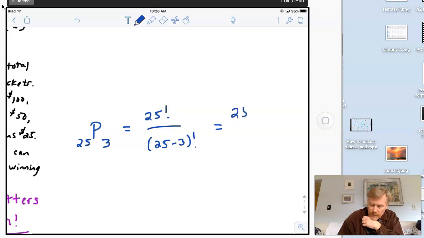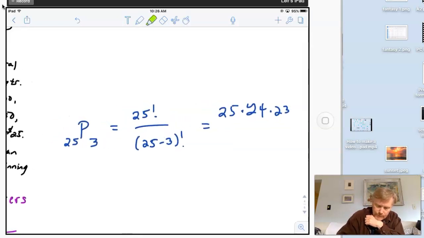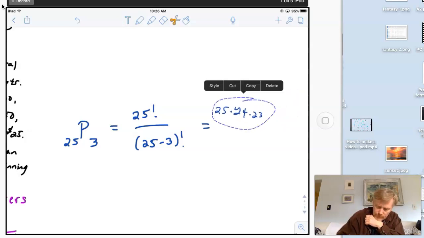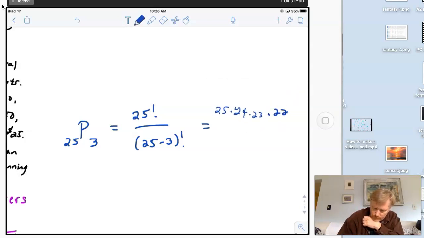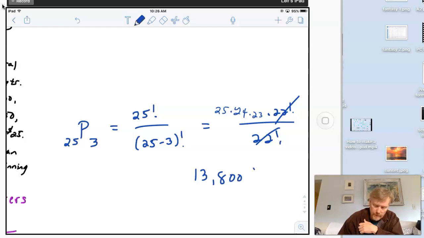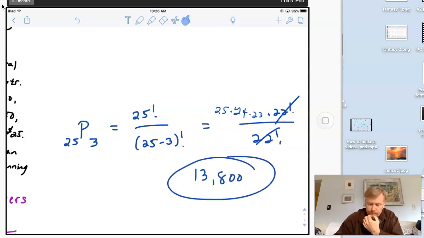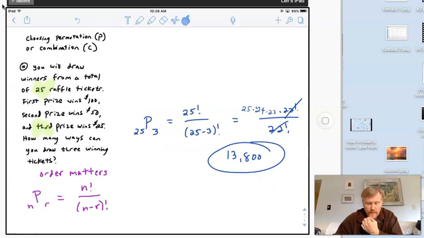Okay, so that's 25 times 24 times 23 times 22 factorial over 22 factorial, then those cancel. And if I multiply those 3 things together, I get 13,800. And that's the answer.